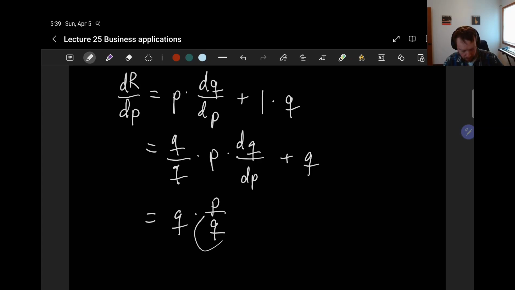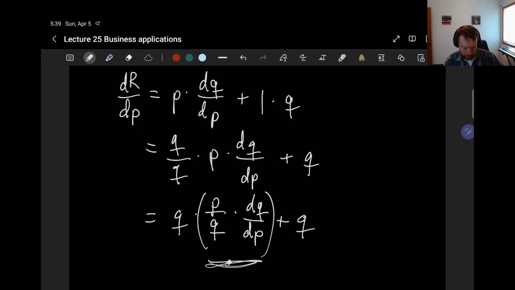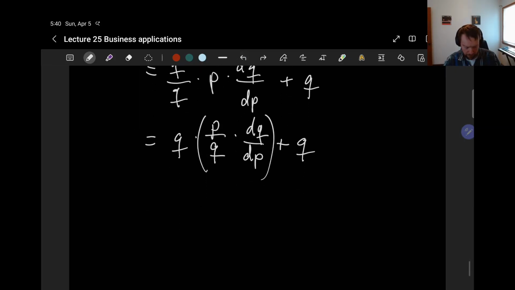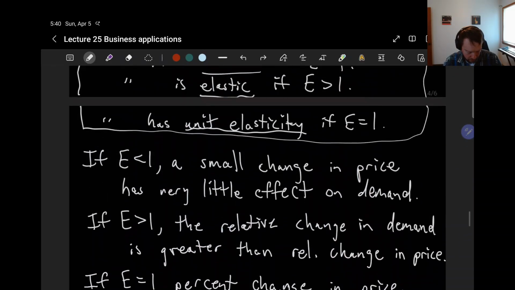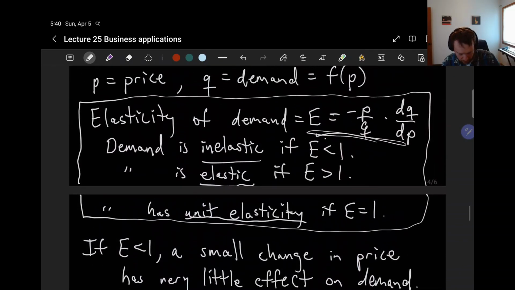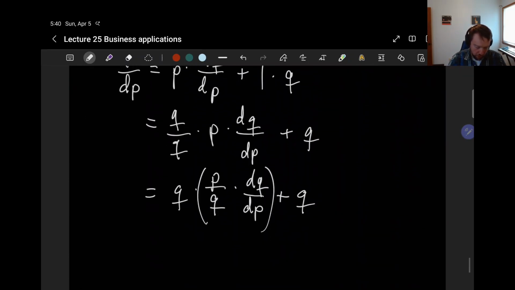So I'm just moving this over. I can do that. So this here is E, but the negative of it. We had a negative in front in our E formula, which we see up here. Okay, so that's why I threw in the Q over Q.